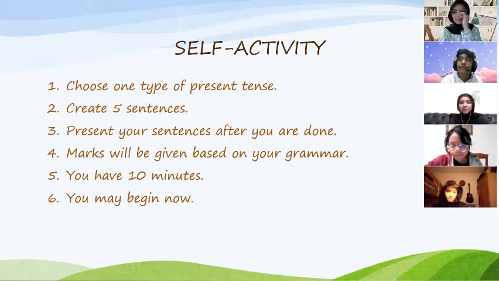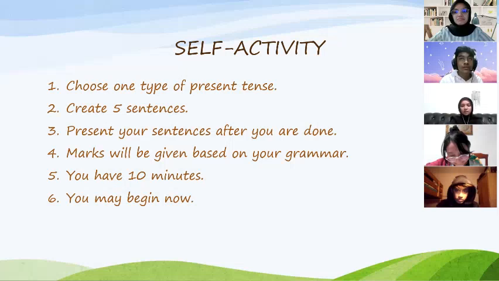I chose present simple tense. And your 3 sentences are?